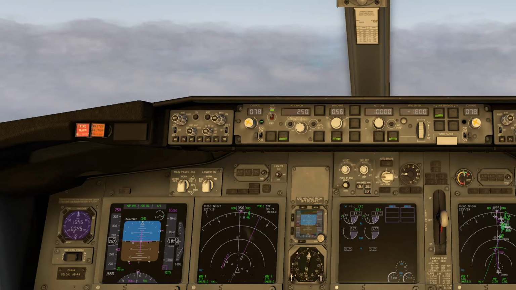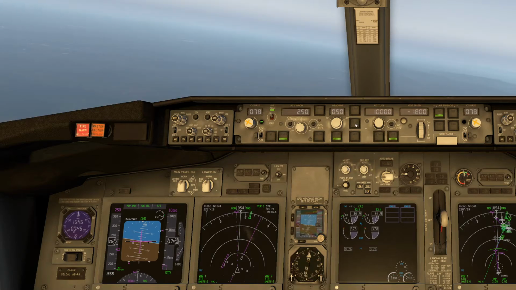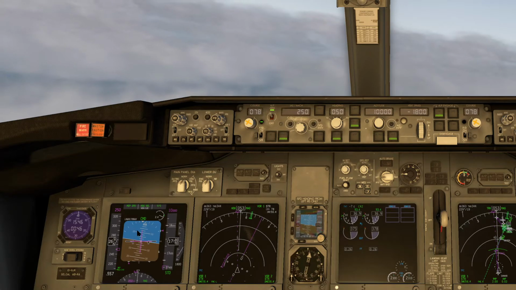So 058, so in 20 miles we will intercept. Let's go to heading mode and VOR LOC armed on this heading.